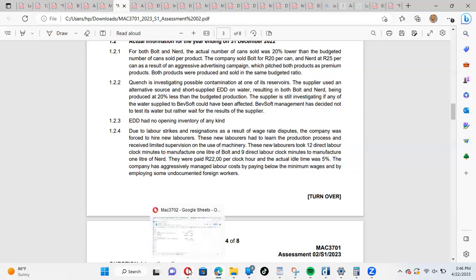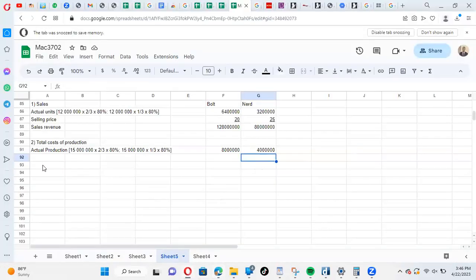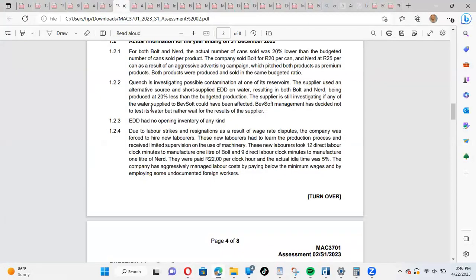So now let's deal with the costs per unit. We can start off with direct labor. The story for bolts was, now they are doing it in 12 clock minutes.